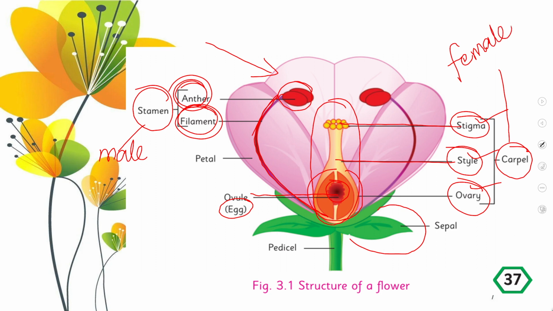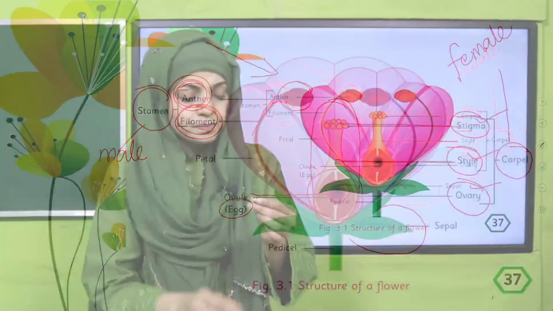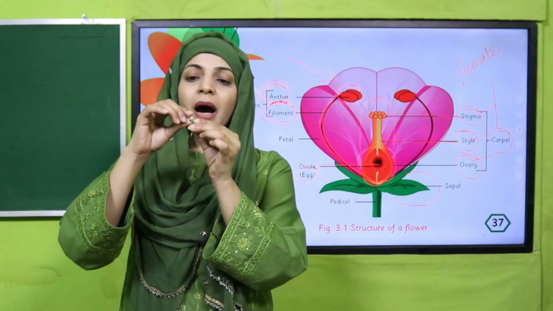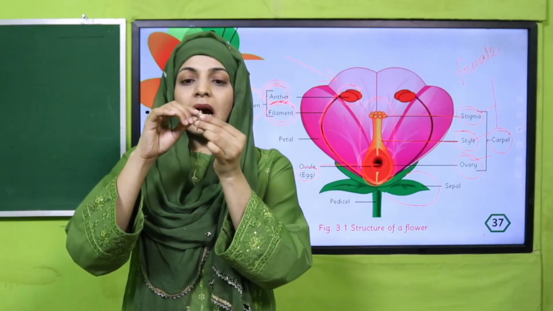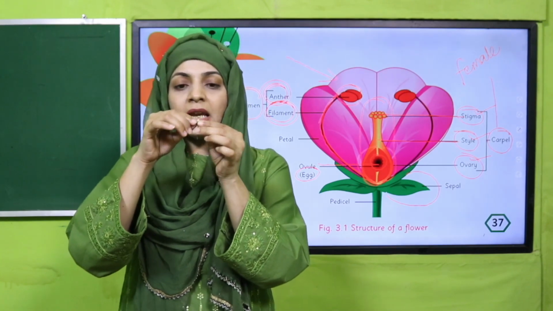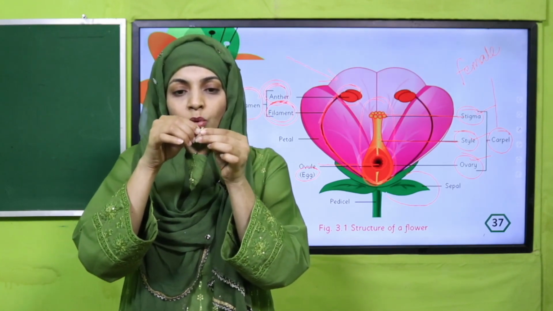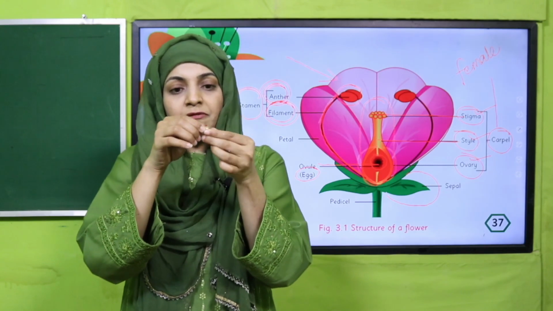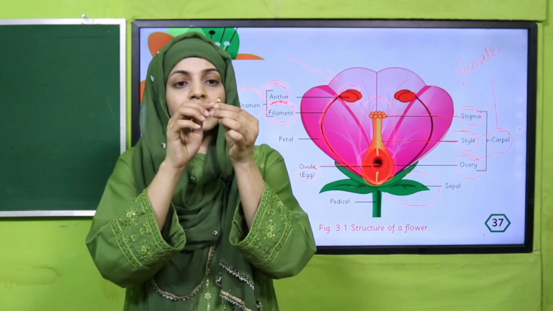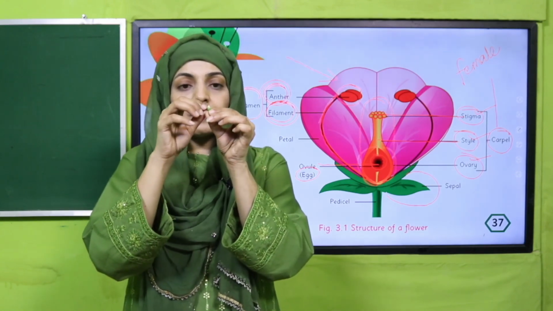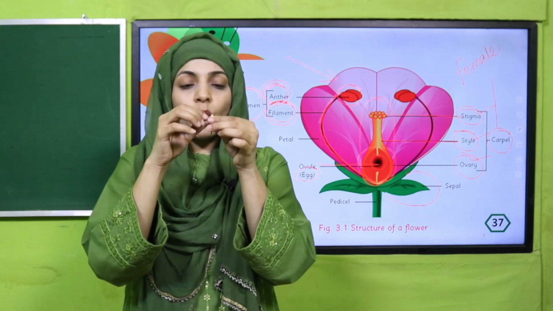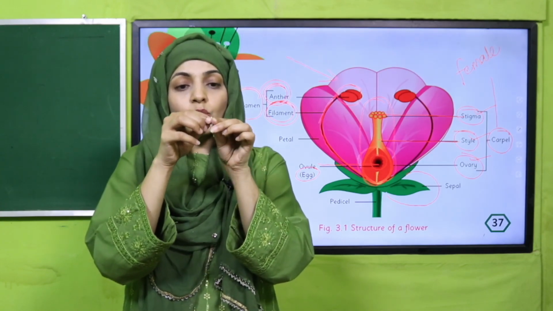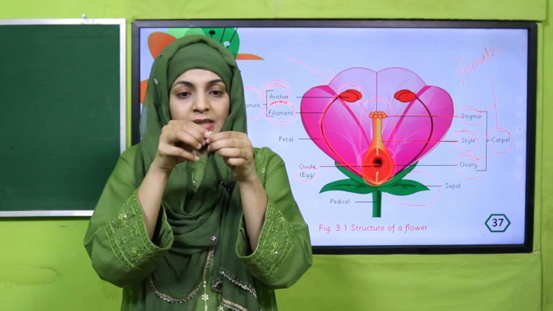ठीक है. अब हम इधर से देखते हैं. Now this red part is called the stigma. And underneath it, it is called style. And if I remove this green part, this fat part is the ovary of the flower. And inside this ovary, there are produced ovules which are also called eggs.